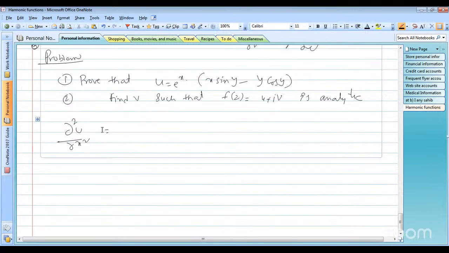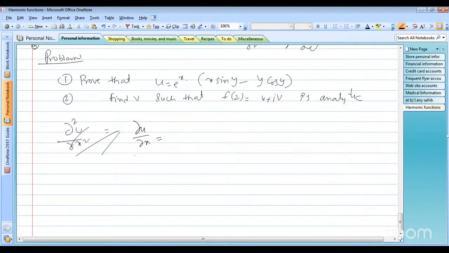First we have to find ∂u/∂x, with respect to x: e^x sin y plus x e^x sin y minus y e^x cos y. Then ∂²u/∂x² is 2 e^x sin y plus x e^x sin y minus y e^x cos y. This is ∂²u/∂x², and we also take ∂²u/∂y².